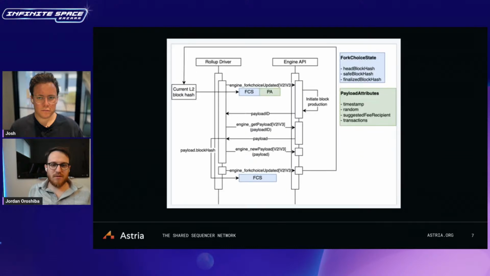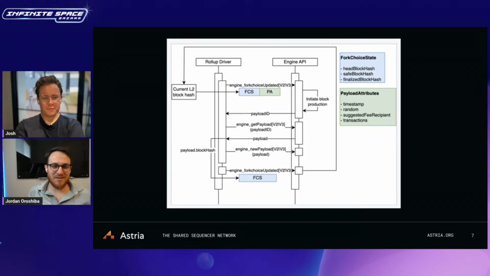So the other art we have here is pulled straight out of Optimism's docs. This is how they drive execution of their rollup using the engine API. There's a couple of problems with this from our perspective. When you're looking at whether we can reuse an existing API, I'm not a huge fan of the way that this API is designed around legacy Geth Ethereum stuff.